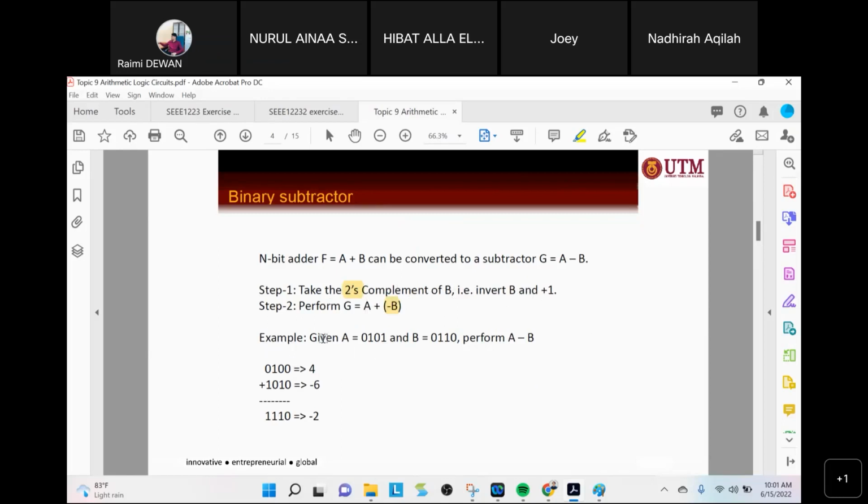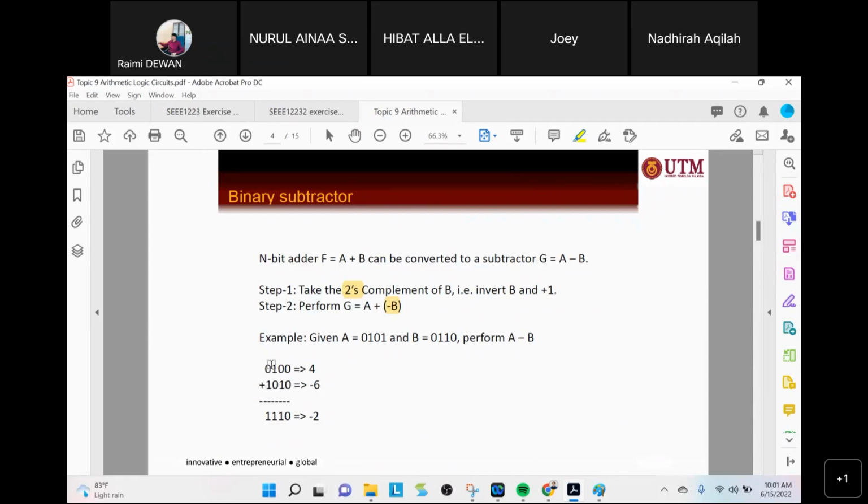Given A equals 0, 1, 1, 0 and B equals 0, 1, 1, 0, perform A minus B. So this one is just addition.